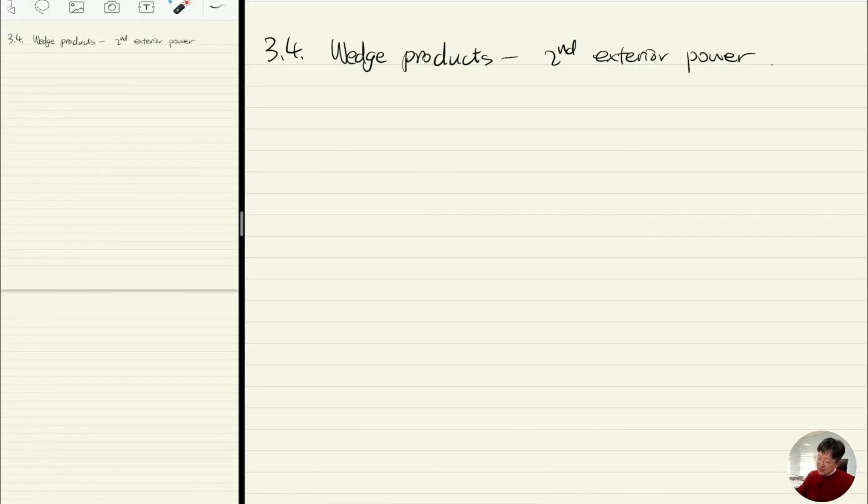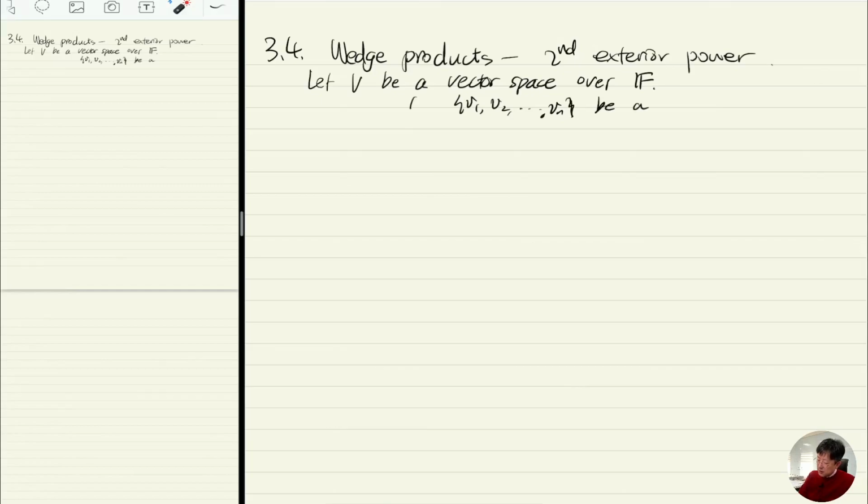Okay, so let's start with the vector space. Let V be a vector space over some field F, and let v1, v2, ..., vn be a basis of V. Just to simplify, we have a finite dimensional vector space.